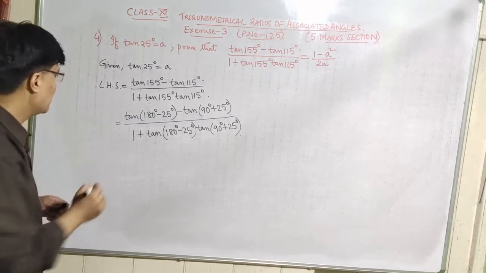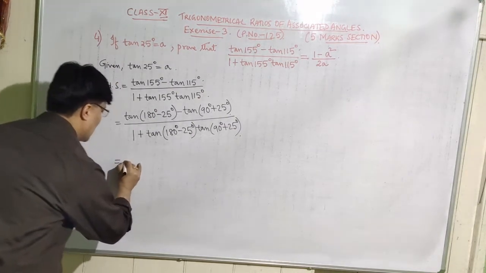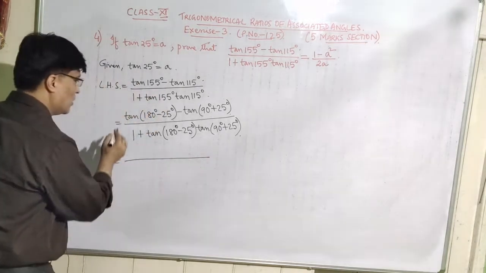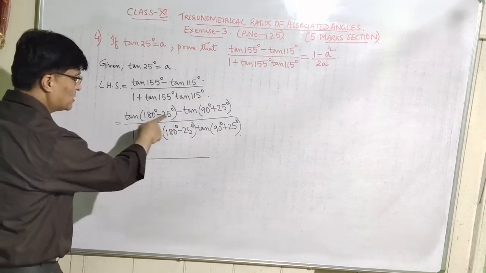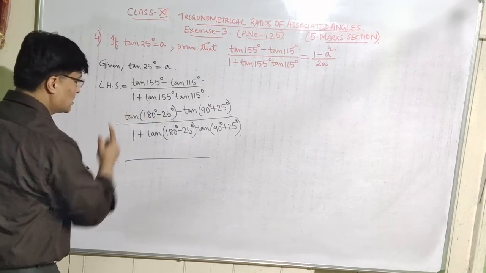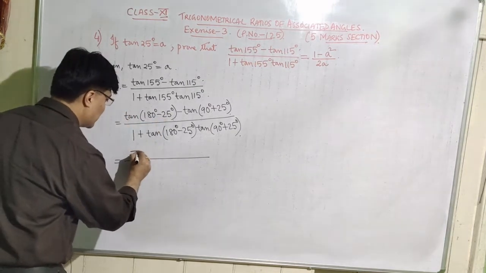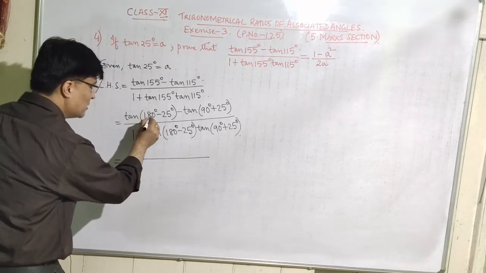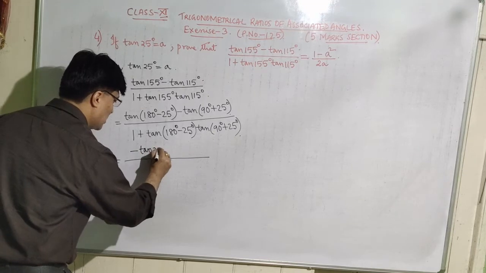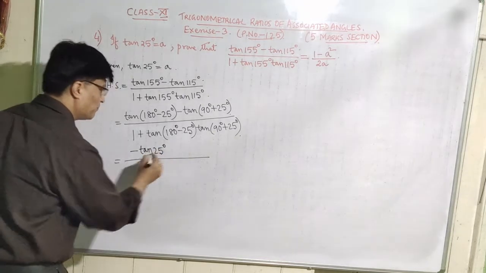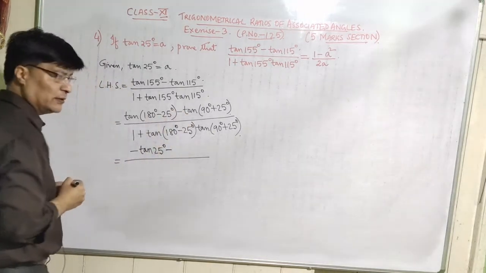Now in the numerator, what is tan of 180 minus 25 degree? This lies in the second quadrant. In the second quadrant tan is always negative, so it is minus. 180 is an even multiple of 90, so tan remains the same, that is minus tan 25 degree. Again there is a minus sign here.